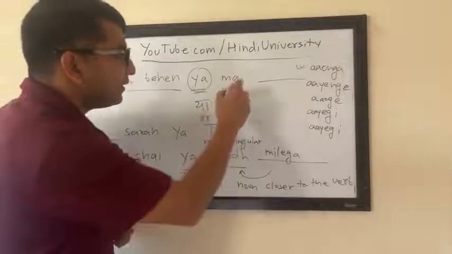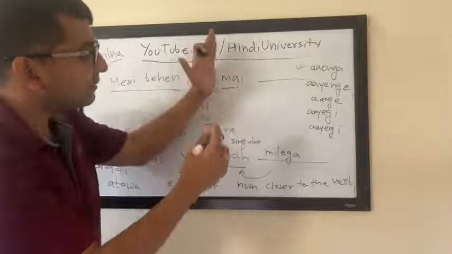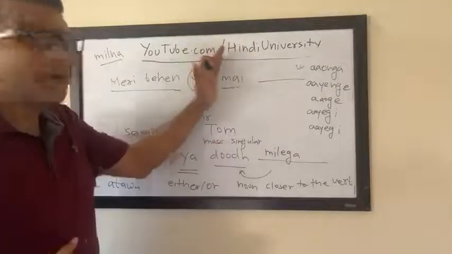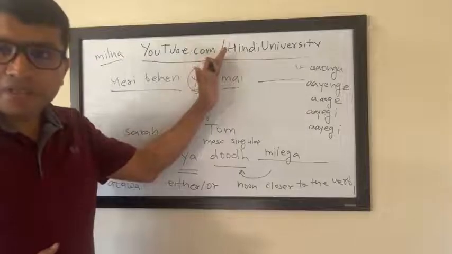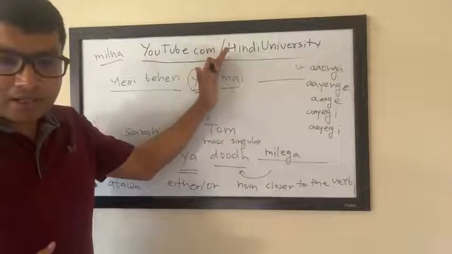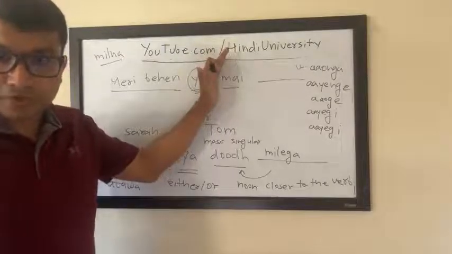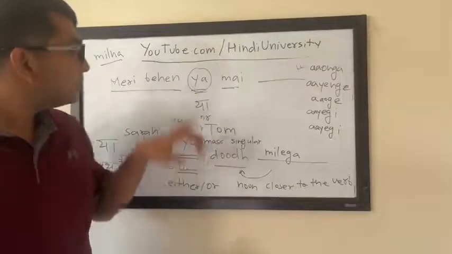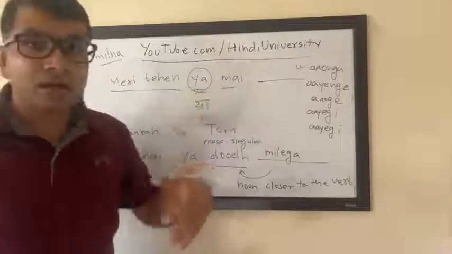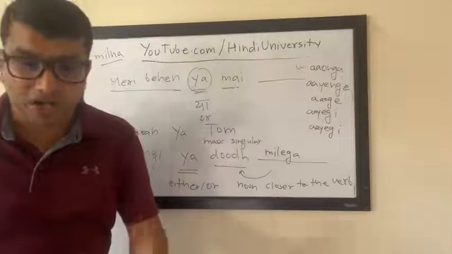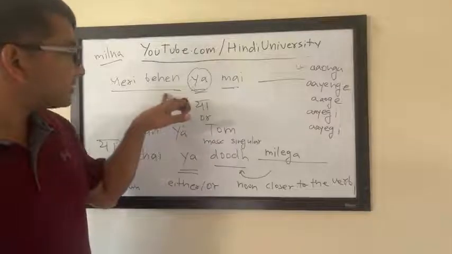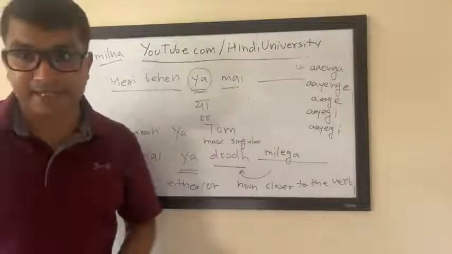Think of it as simply मैं आऊँगा. Forget about what comes before. मैं आऊँगा या मैं आऊँगी. Let's say you were singing. मेरी बहन या मैं, instead of आऊँगा it would be गाऊँगा. Right? My sister or I will sing.